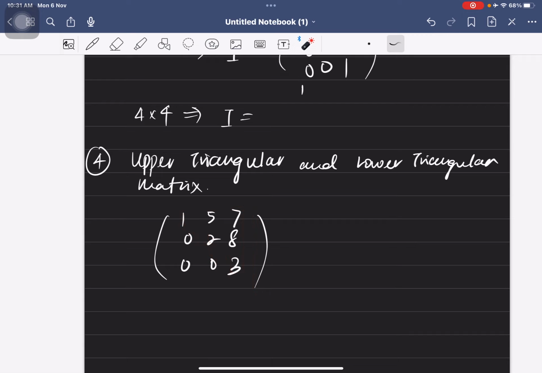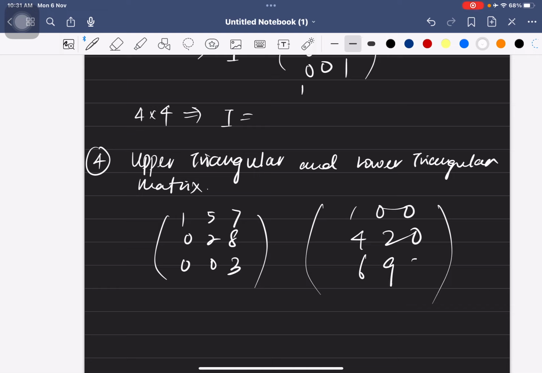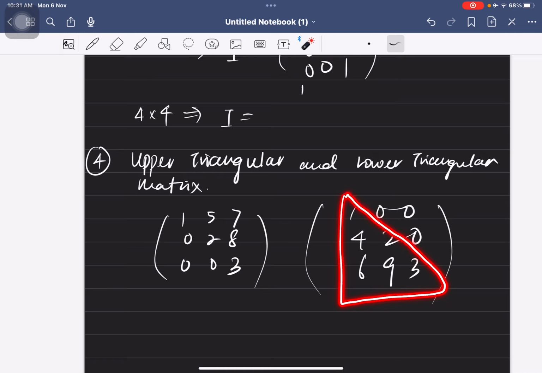And then lower triangular means like this. All this in the lower triangular have a certain number, and those that are not in the red box are 0. This is what we call lower triangular matrix.